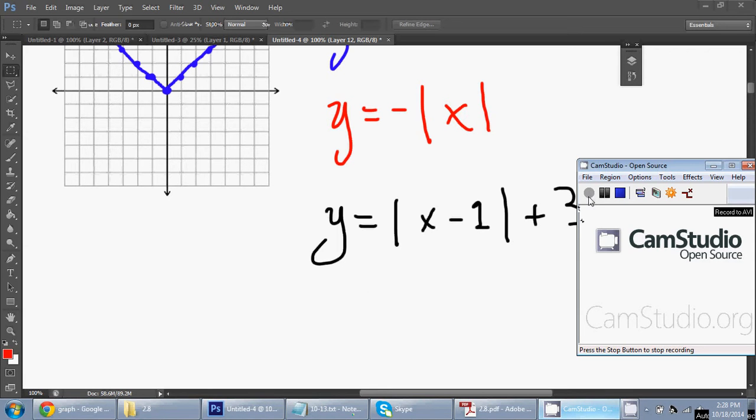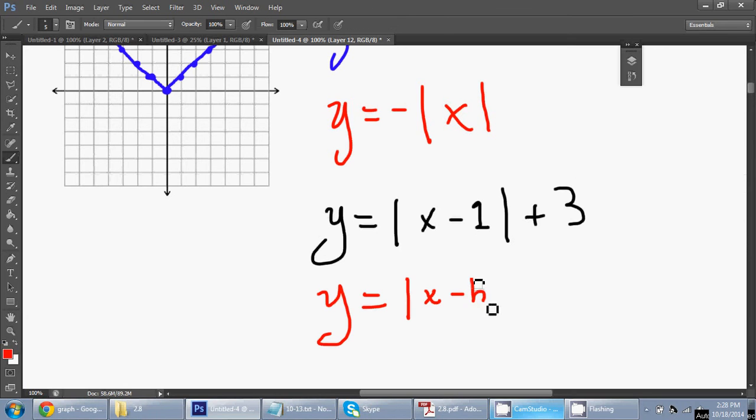So this formula that represents absolute value functions is y is equal to the absolute value of x minus h, plus k. And the h and k represent different things. The h represents the change in x on the graph, and k represents the change in y on the graph.